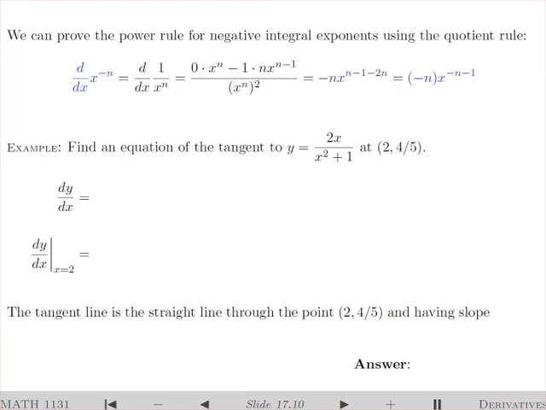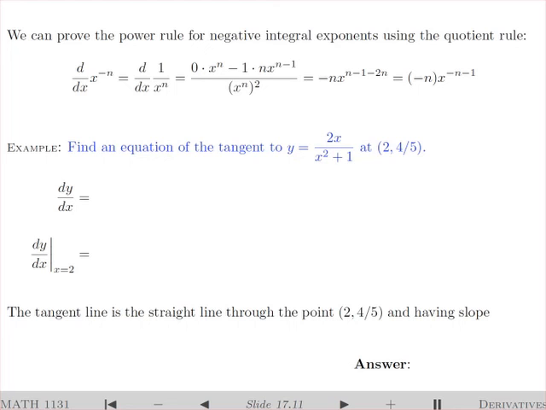Okay. For a final example involving the quotient rule, we will find the tangent line to a rational function. Specifically, the tangent line to y equals 2x over (x squared plus 1) at the point (2, 4/5). Except for the use of the quotient rule, this is just like the tangent line problem we did in section 2 for polynomials.